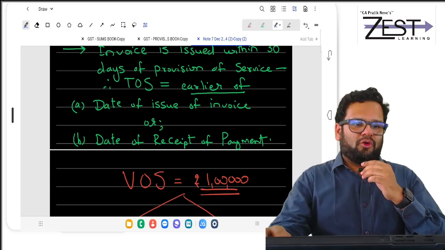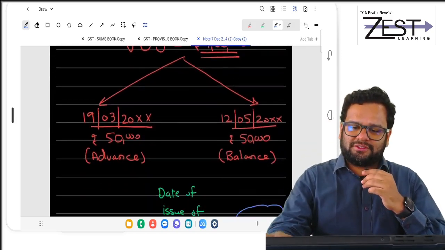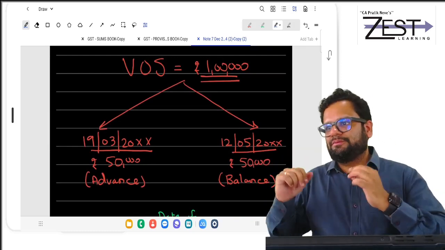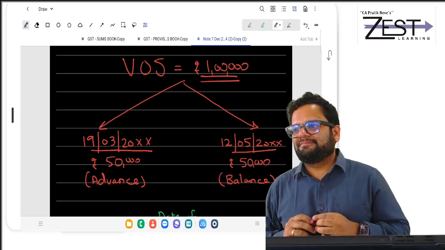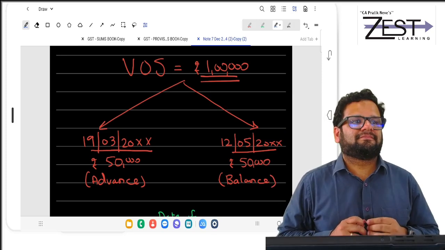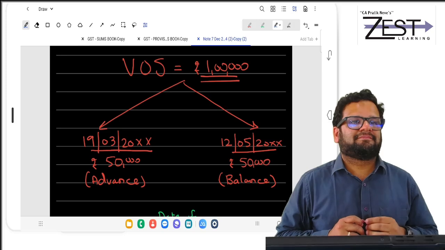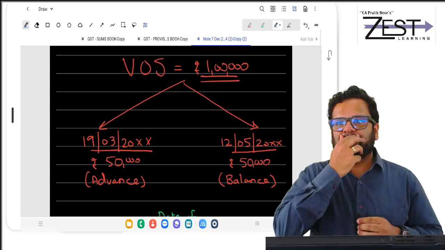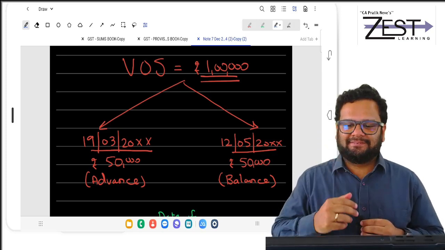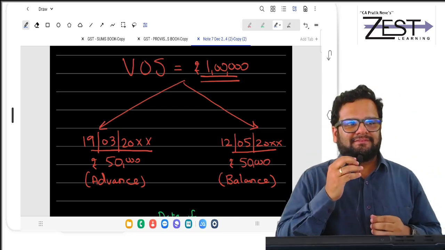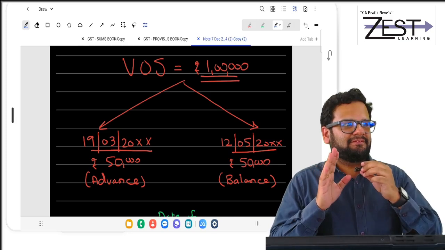Now go ahead and write the further thought process of how you bifurcated the 1 lakh value. Done.